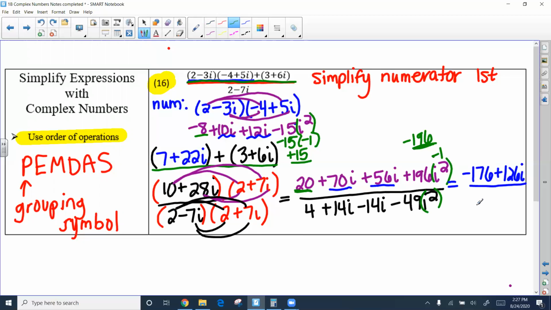Simplify the i squared part, which is -1. So this one would be a -49 times a -1. Remember, they're multiplied, so this would become a +49. So I can then combine the 4 and the 49.